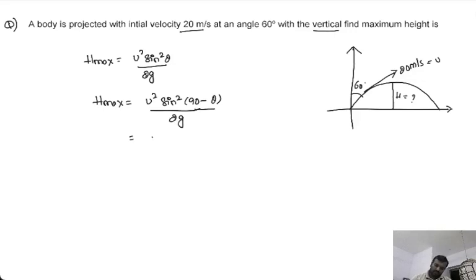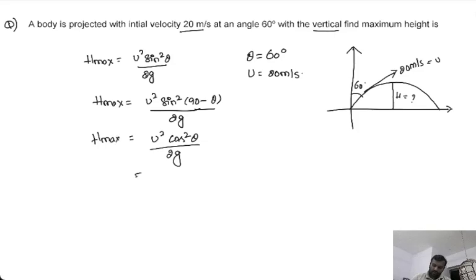Sin squared of 90 minus theta is cos squared theta, so h max is u squared cos squared theta divided by 2g. Here theta is 60 degrees and the initial velocity u is 20 meters per second. Substitute these values in the equation.